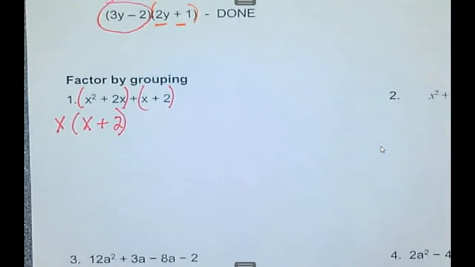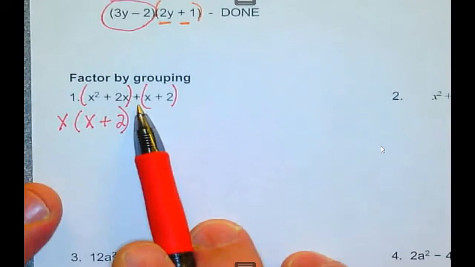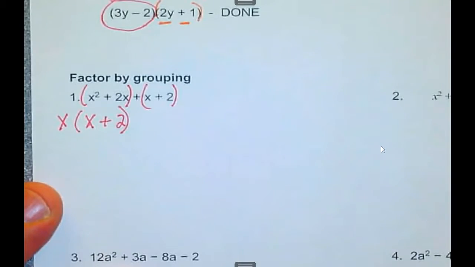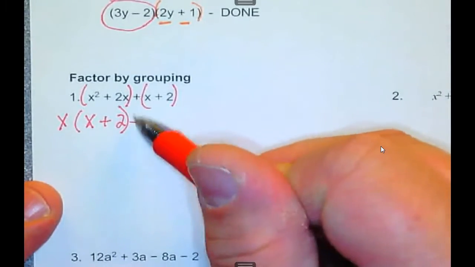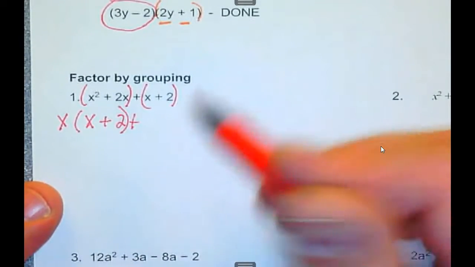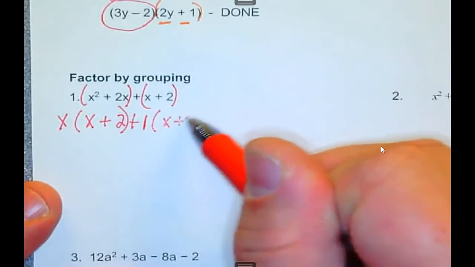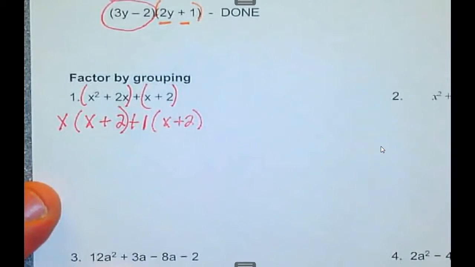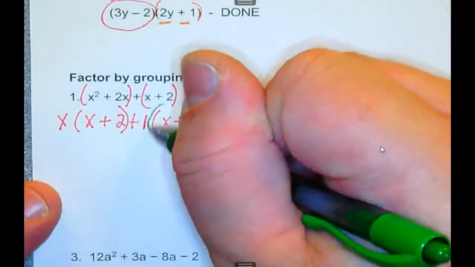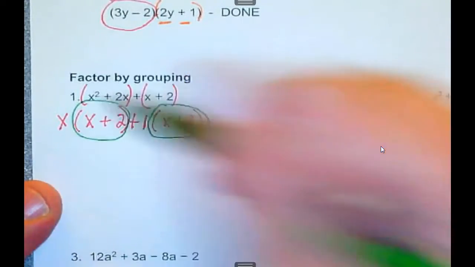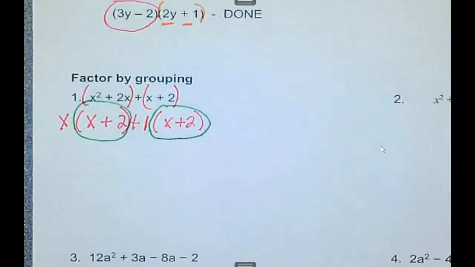Good. Now, what can I take out of x and 2? Yeah, I can't really take anything out but the factor 1. And I'm left with x plus 2. Okay, after this point, you should get the same quantity after taking out your greatest common factor.